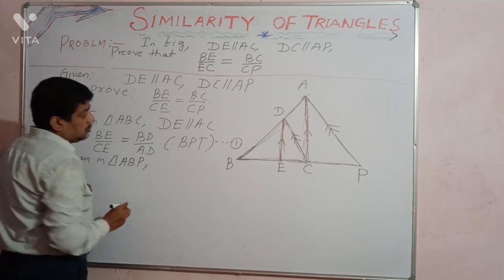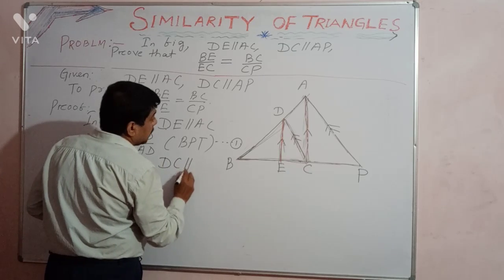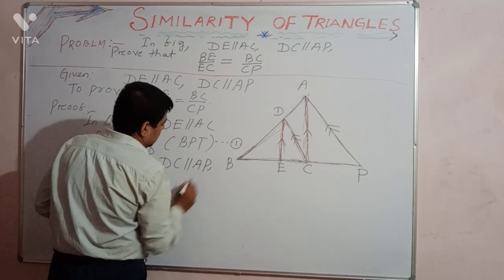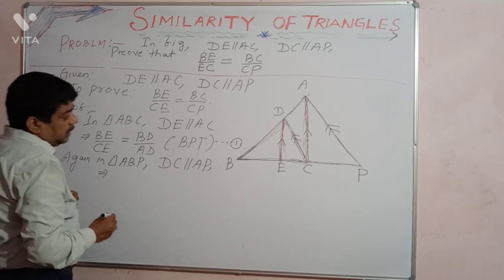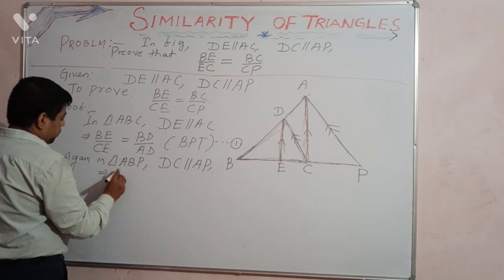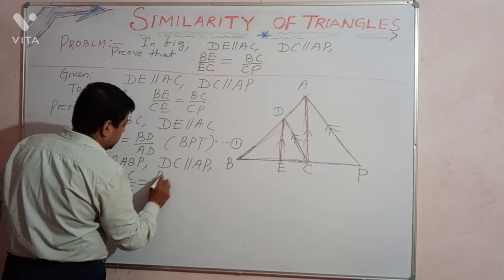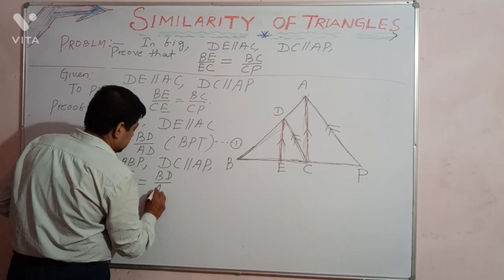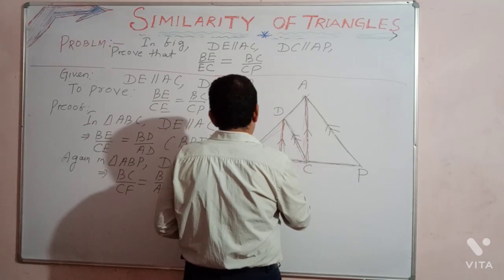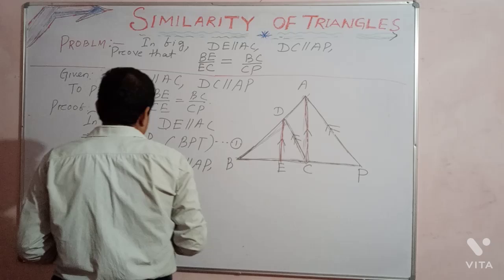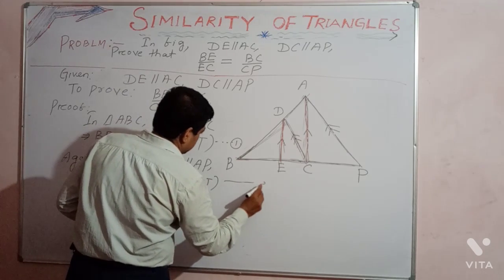In this triangle, DC is parallel to AP, so we can write BC upon CP is equal to BD upon AD by BPT, the basic proportionality theorem. This is point number 2.